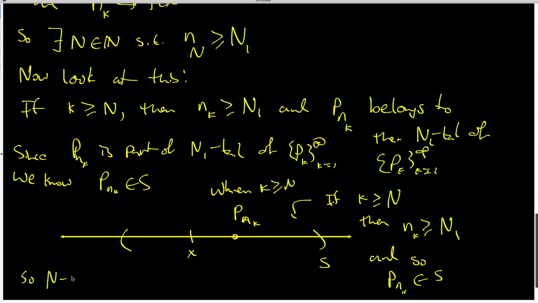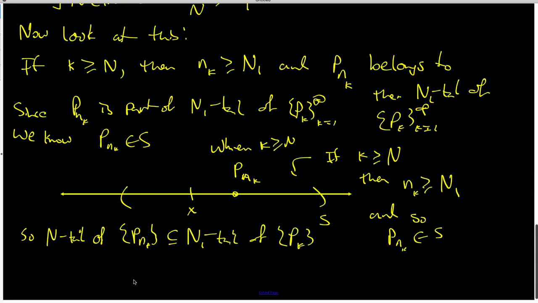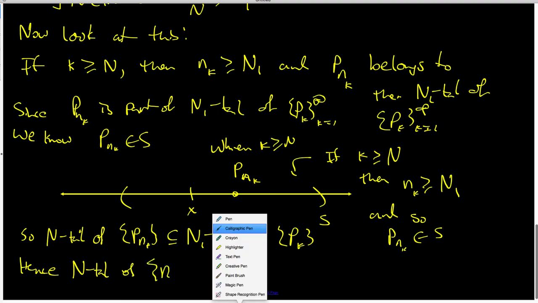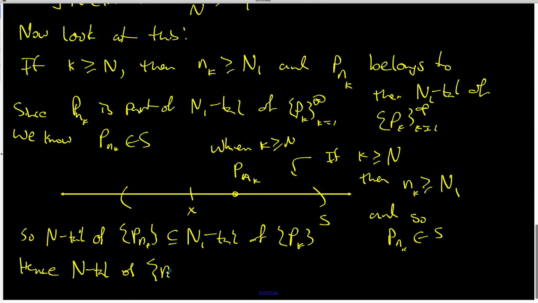So the N tail of the subsequence is a subset of the N1 tail of the original sequence, and hence the N tail of my subsequence is indeed a subset of the open interval, and that is enough to say that the subsequence will converge.